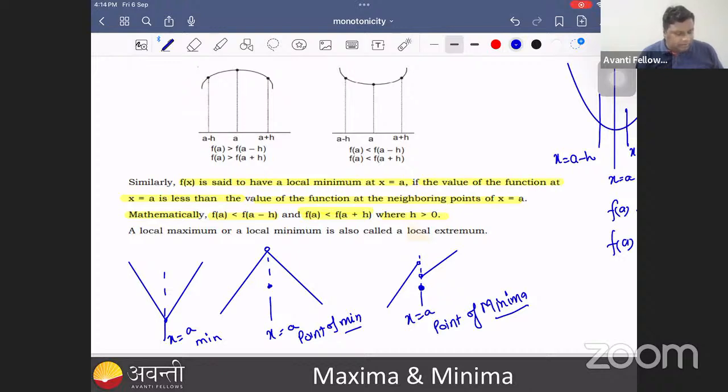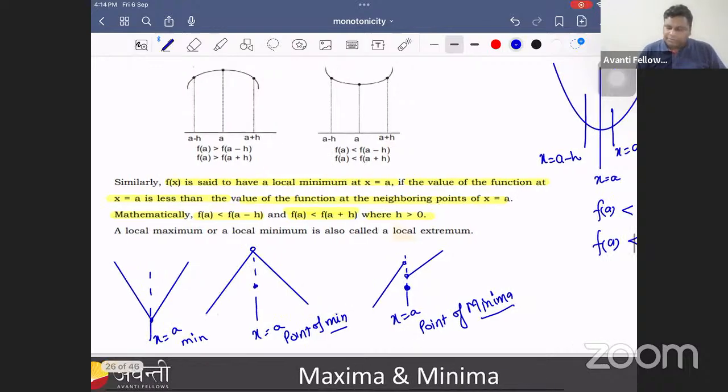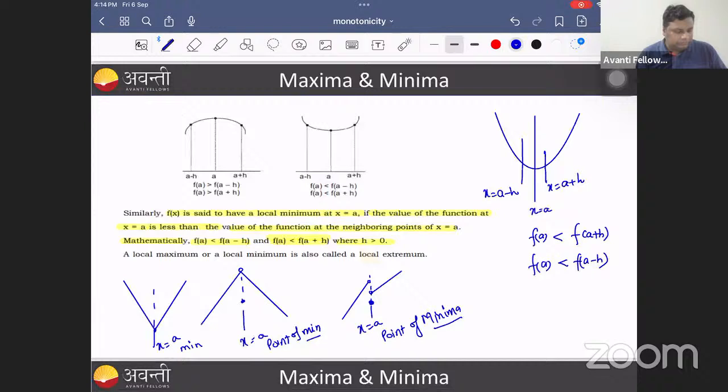I hope every one of you is clear about wherever it is a point of maxima and wherever it is a point of minima. Have a look. Got it? Is it fine, guys?